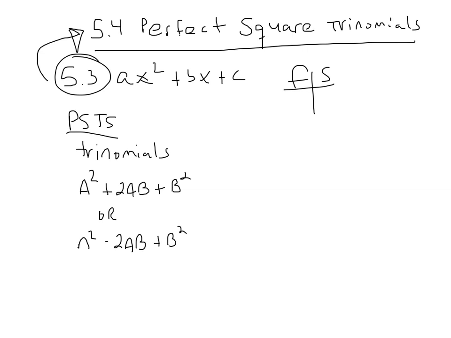If you can show that they come in the first form, you don't need to do a factor sum chart. You can just then say that the problem factors into a plus b times a plus b, or a plus b quantity squared. And if it comes in the second form, then the trinomial is guaranteed to factor into a minus b quantity squared. Let me give you an example.